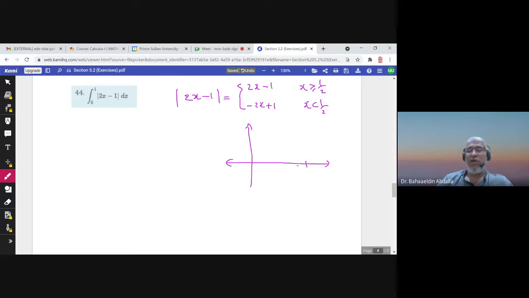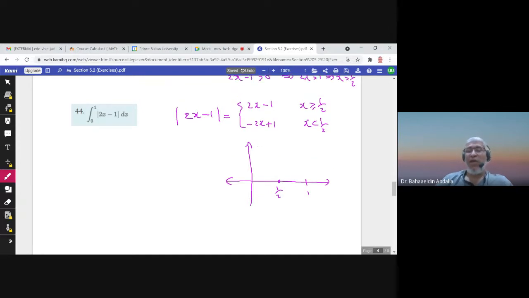So if this is 1 and this is half, at half the function is 0, and at 1 the function is 2 times 1 minus 1, which is 1. So this is the first part of the absolute value.